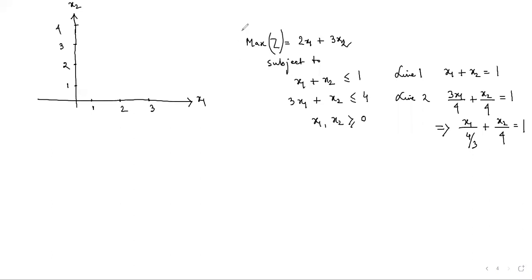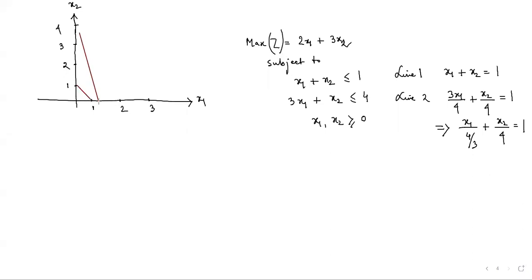What are the lines? The intercepts for the first one are 1 and 1, so we are joining these two. Intercepts in the second one are 4/3 and 4. 4/3 means 1.3, somewhere here.